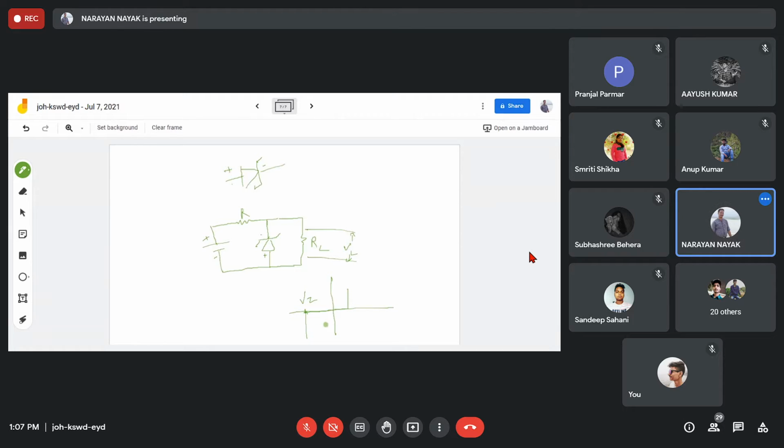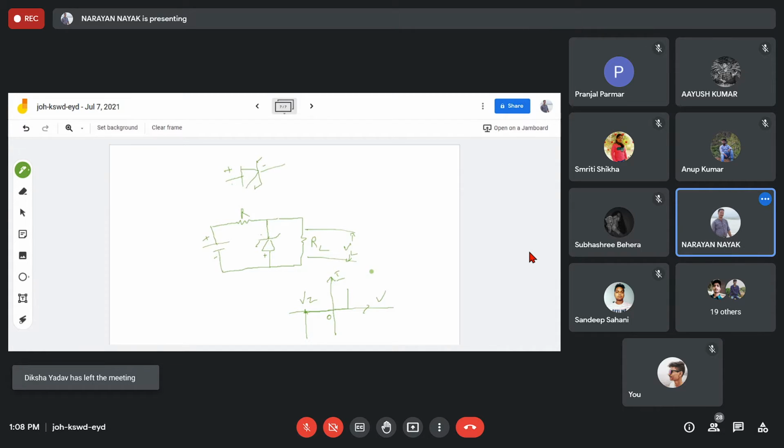So this is the equivalent model of the Zener diode, and you have to represent it as an approximate equivalent model of the V-I characteristic. We are taking this as your I and this is your V.